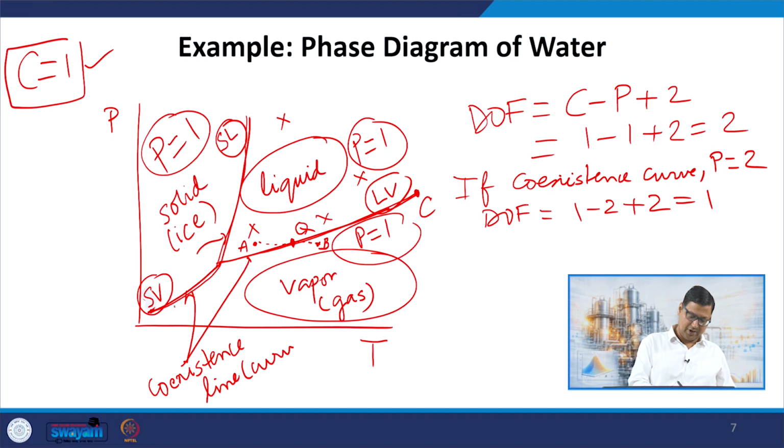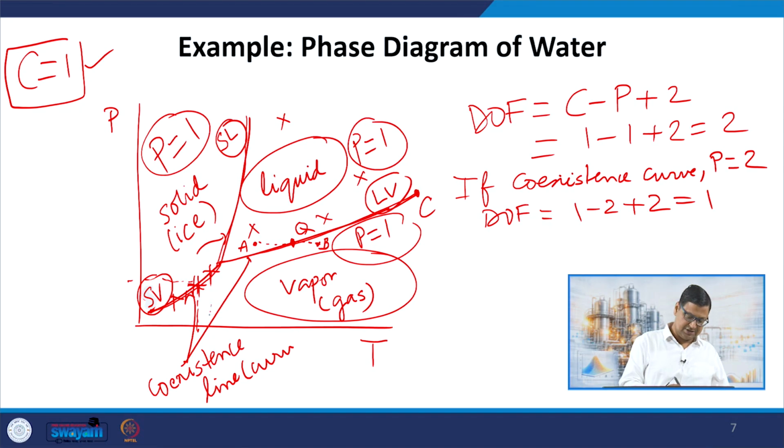If I am drawing a point along the curve, let us say these points, as soon as I choose a point on the curve, if I specify temperature, the pressure gets specified because I am on the curve.